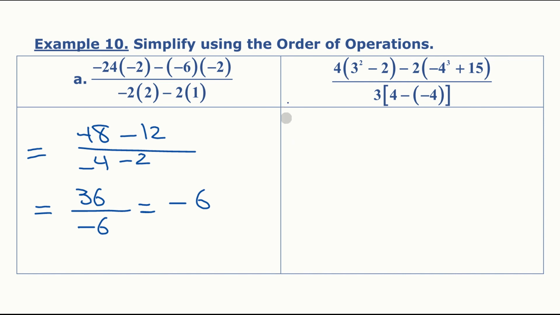For this one, again, challenge yourself, try to see what you get, then come back. So as you know, we need to deal with the inside of the grouping symbols first, and within this first one, of course, we're going to take care of the squaring first.